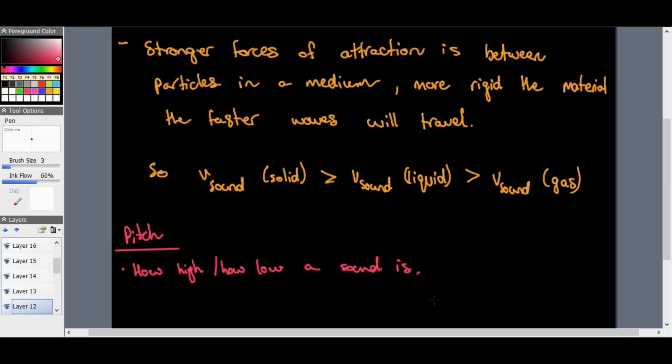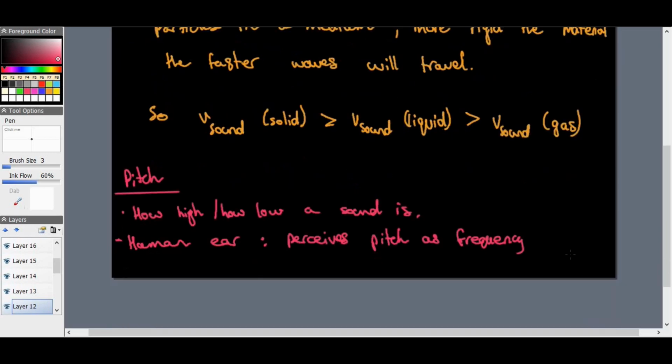Now the human ear perceives pitch as frequency. We can only hear up to a certain frequency.